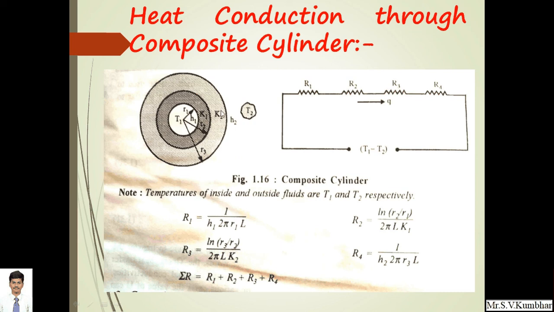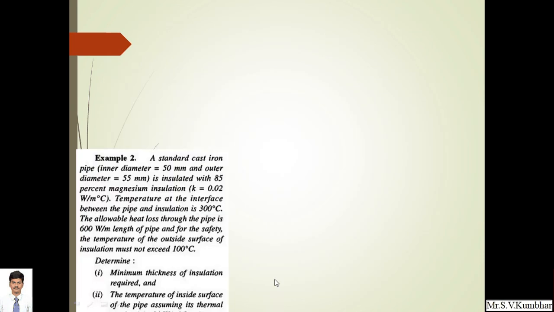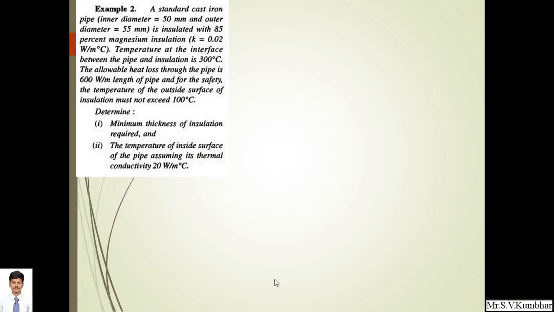Similarly, the thermal conductive resistance for the second material, R3, is given as ln R3 upon R2 upon 2 pi L K2, and R4 is 1 upon H2 A2, where A2 is 2 pi R3 L, R3 being the radius of the outermost surface. The summation of R1, R2, R3, R4 is taken for calculation. We will solve a numerical, then you will come to understand.